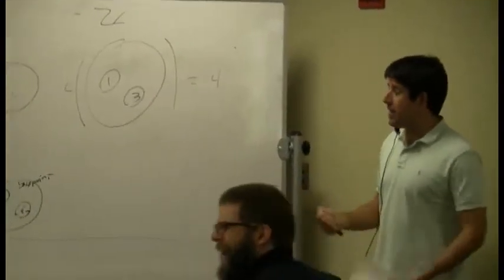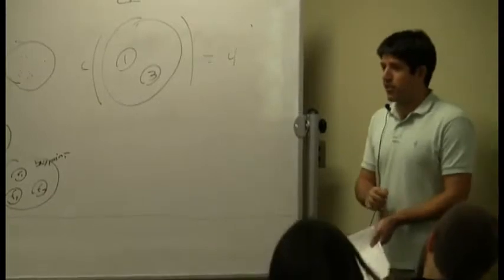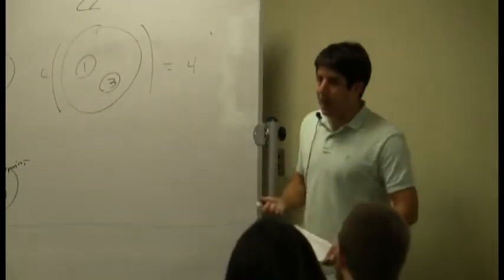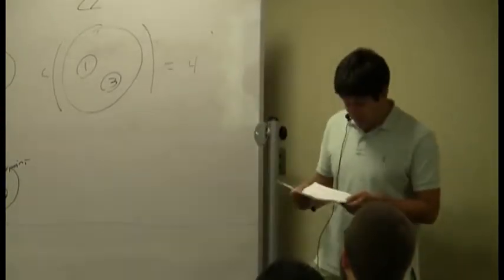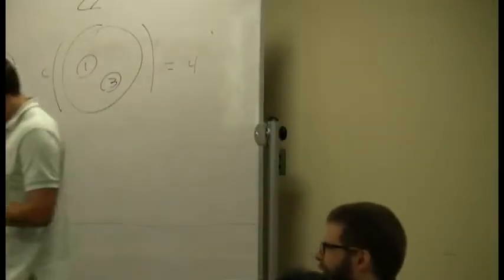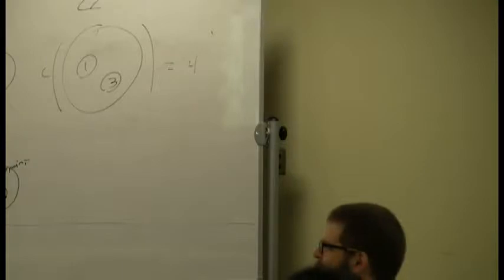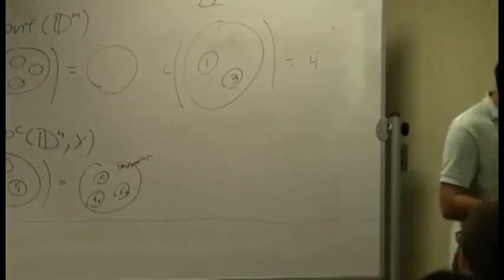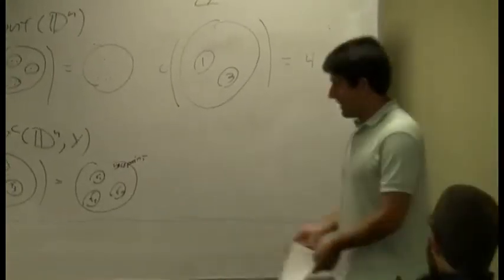Because there was an obstruction to promoting that to an E-infinity algebra, which maybe made people not think that its group completion could be an infinite loop space.